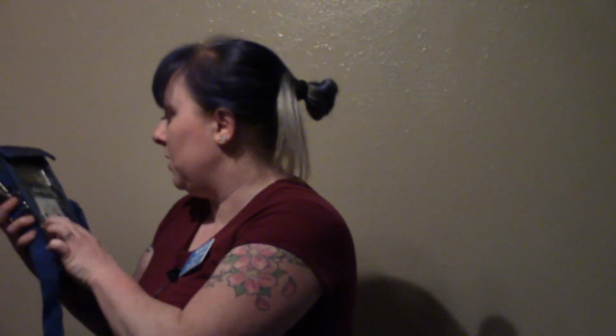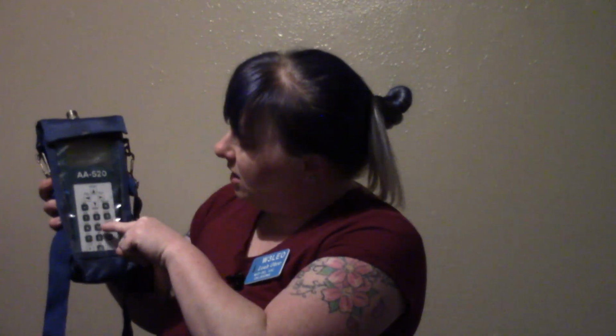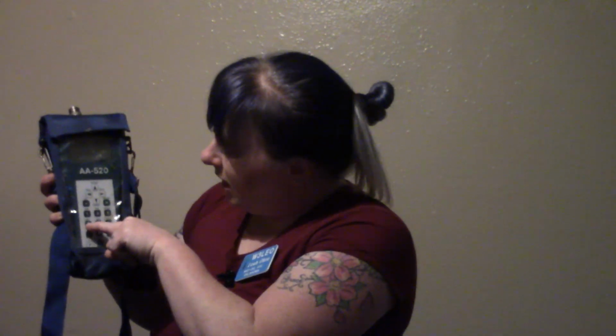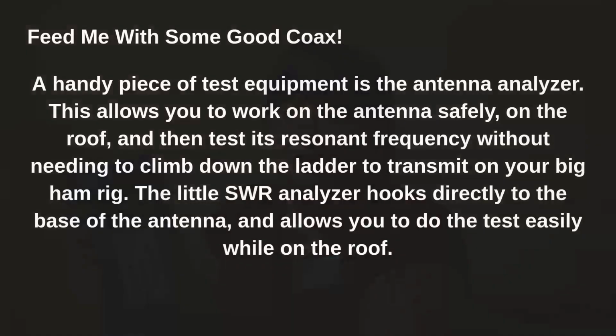Oh, you have to take it out of the protective bag before you can turn it on. It has all these different ranges, frequencies, SWR, everything that, you know, is Greek to me, but this is why it's important to have someone that knows what they're doing.